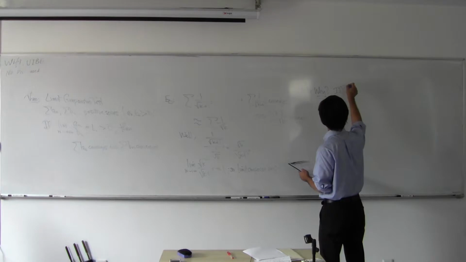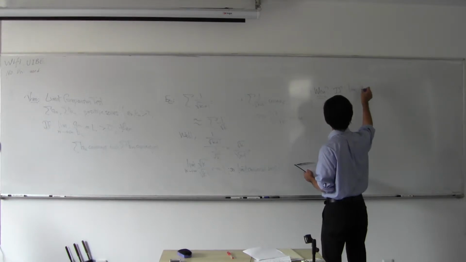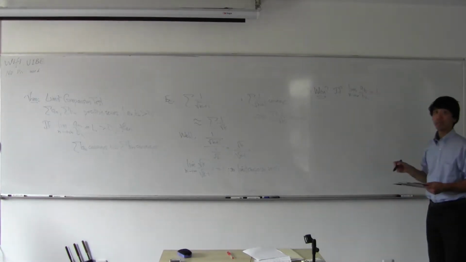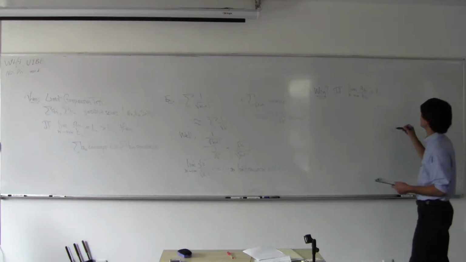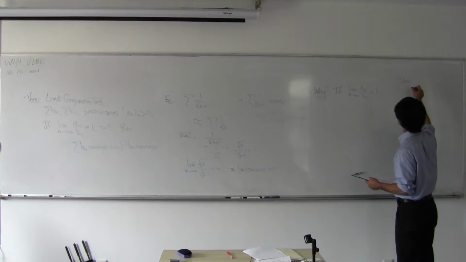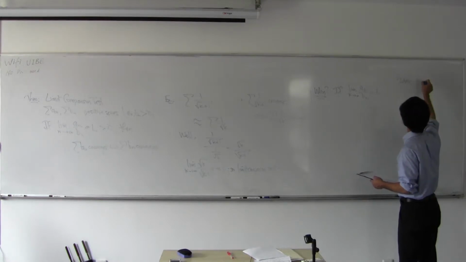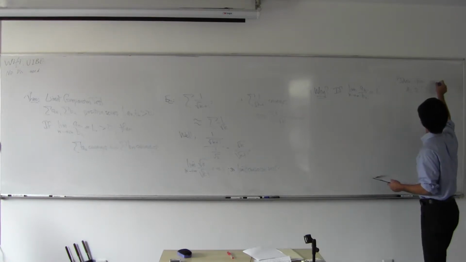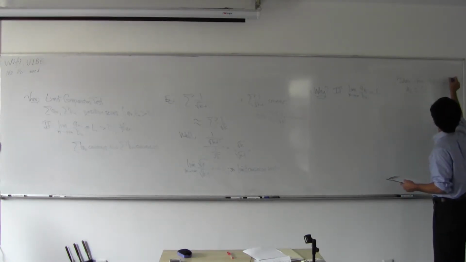So if the limit of the ratio is some number L, well, here's the idea. The idea is that A sub k is basically L times B sub k, eventually.